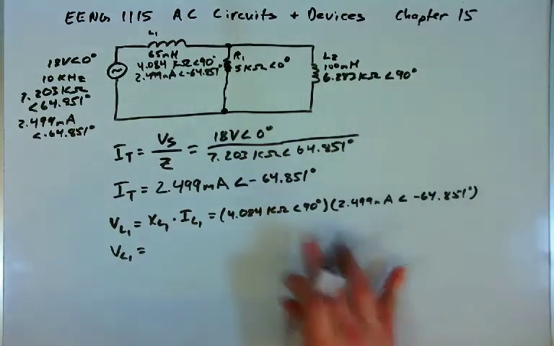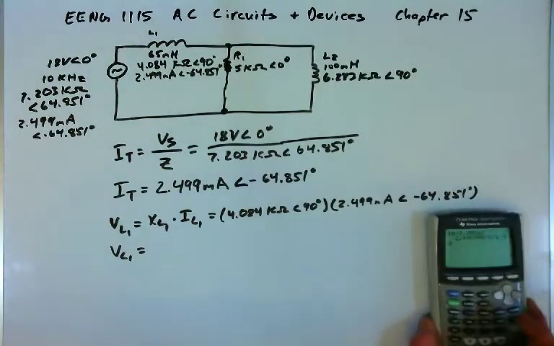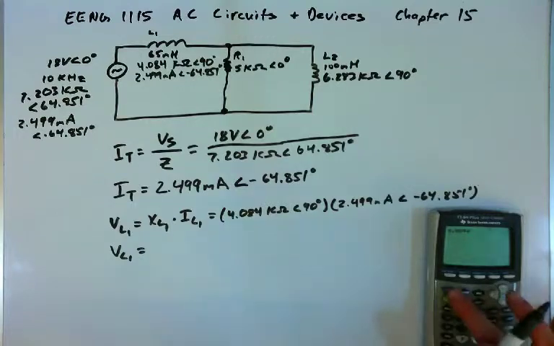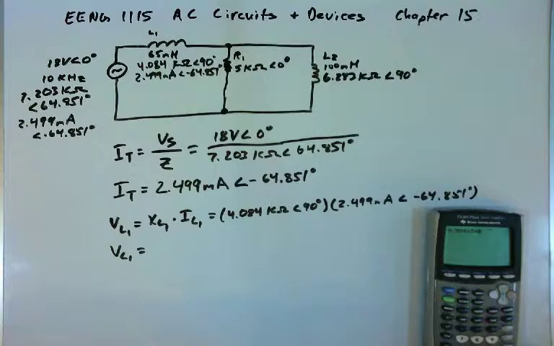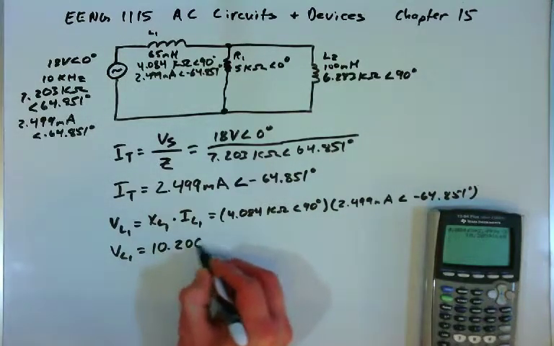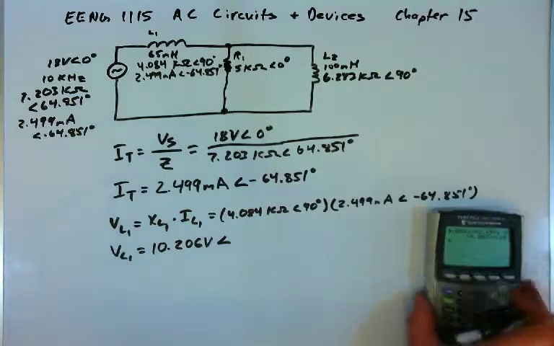And so we're multiplying. We will multiply the magnitudes and add the angles. And so you have 4.084 kilo times 2.499 milli, and we get 10.206 volts at an angle.